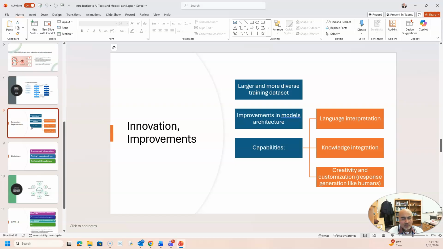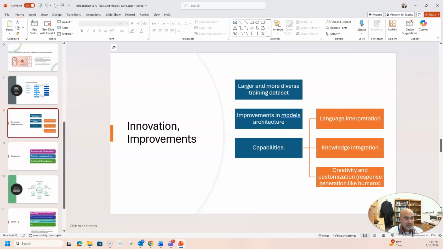What are some of the innovations and improvements? ChatGPT has incorporated several technological advancements to enhance its performance. Of course, one such innovation is using a huge and more diverse training data set, which equips ChatGPT with a broader understanding of language and information.